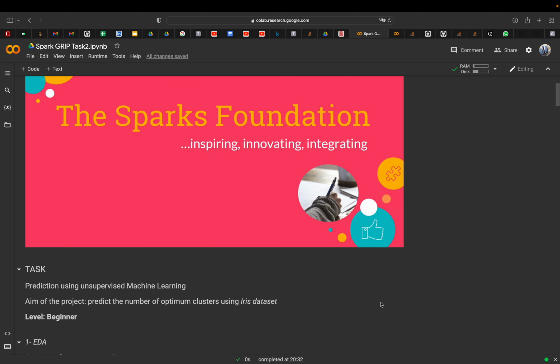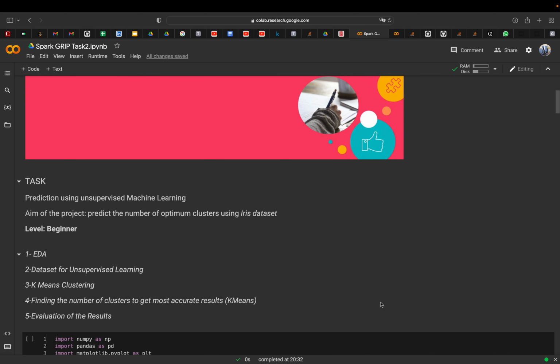We will first present the exploratory data analysis, then create our unsupervised learning data, followed by k-means clustering and getting a good number of clusters, and we will end with model evaluation.